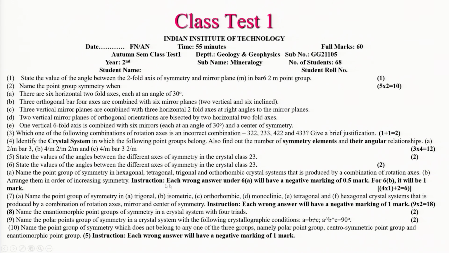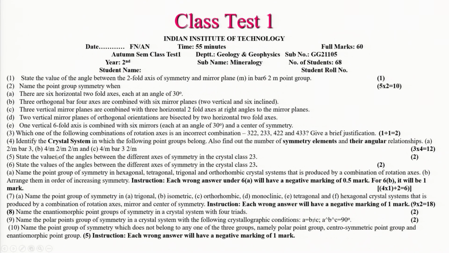So, the instruction here is that each wrong answer under this question 6a will carry 0.5 negative marking, and for B it will be 1 negative mark.